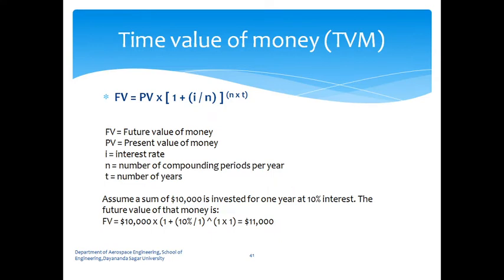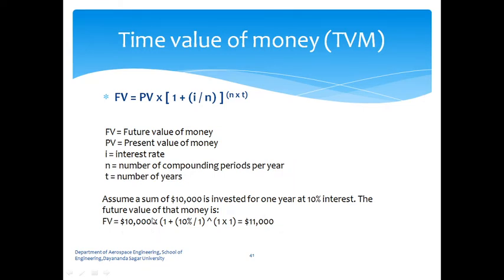You need to bring all the things into one platform. Then only you can compare. Okay, hopefully you understood this. And here is a small example. Suppose I am investing 10,000 in a bank where I am getting 10% annual interest, and I am keeping it for 1 year. So this 10,000 is becoming 11,000.